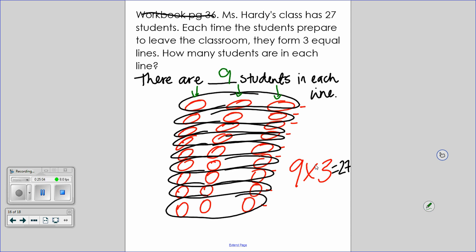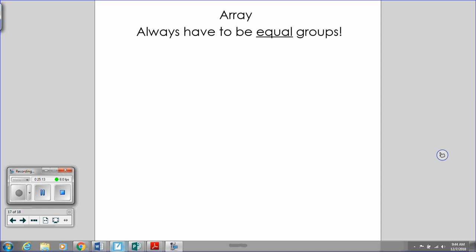Make sure you have an array. Make sure you have an equation. And make sure you filled out your answer sentence, please. Arrays always have to be equal groups.